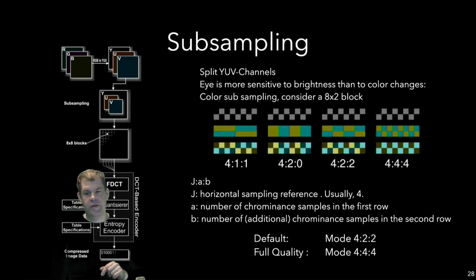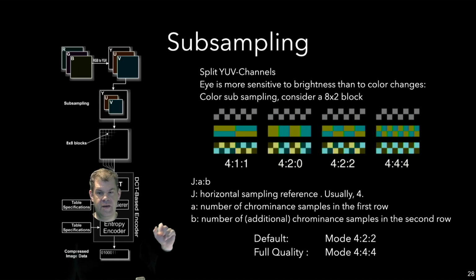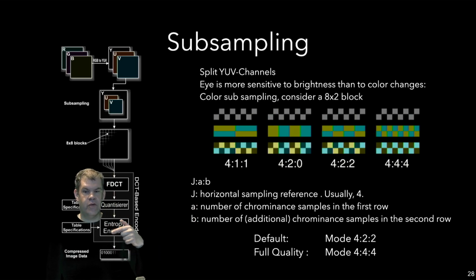So let's say the first number is a 4, and then the second and third number just tell us how many chroma samples we have in the first row. Okay, so what that means is, if you choose that as 1, for instance, as you can see here, we end up with 1 chroma sample in the first row, and then the third tells us how many additional chroma samples we have in the second row.